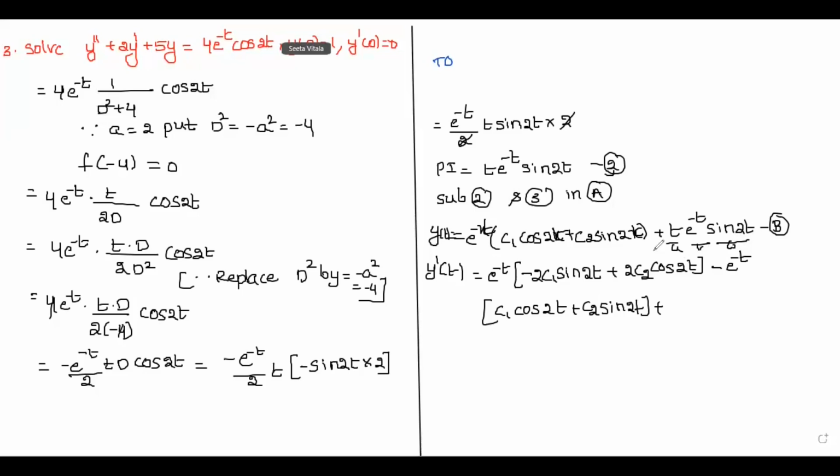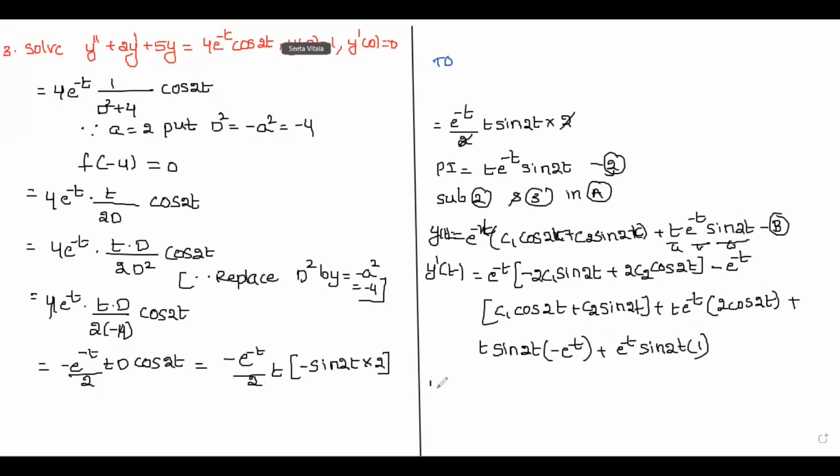The derivative of uvw is uv into derivative of w plus uw into derivative of v plus vw into derivative of u. So it is equal to t into e power minus t into the derivative of sin 2t, which is 2 cos 2t, plus t into sin 2t into the derivative of e power minus t, which is minus e power minus t, plus e power minus t into sin 2t into the derivative of t, which is 1.